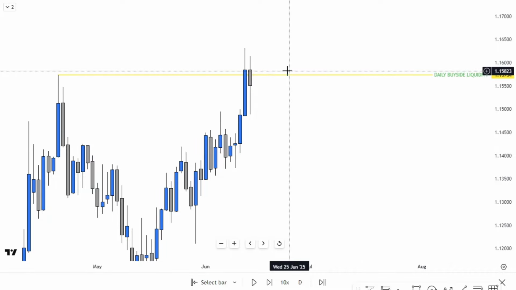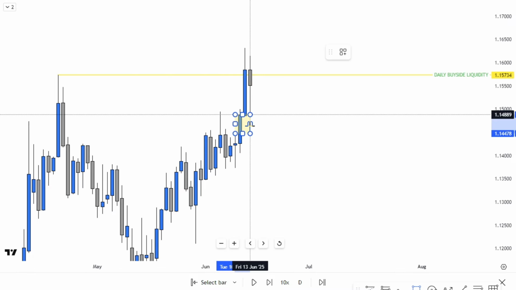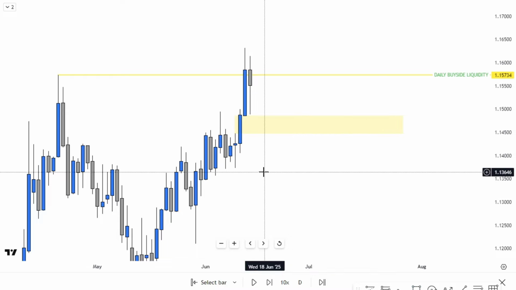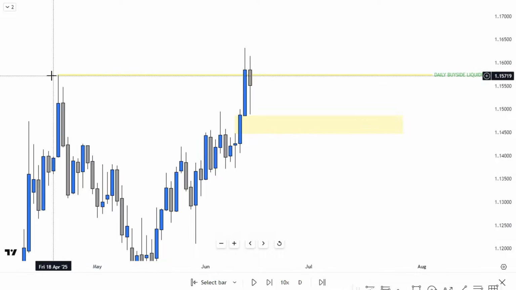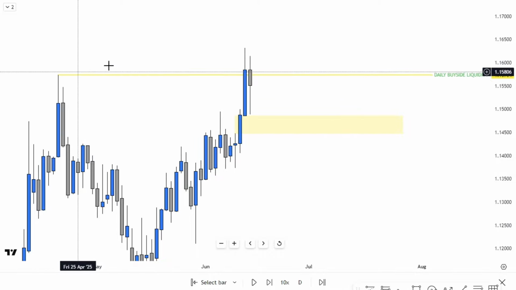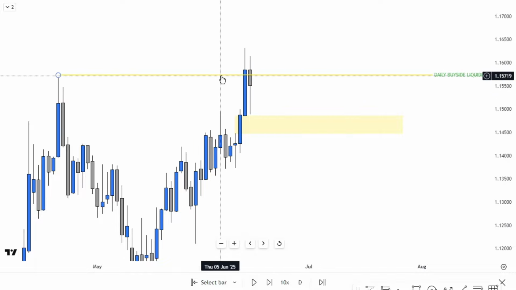And now the question is, after we swept external liquidity, where is price likely to head next? The next zone where price might head is this fair value gap made on the initial push to sweep buy side liquidity, resting above this high. So let's see how price plays out after sweeping buy side liquidity.